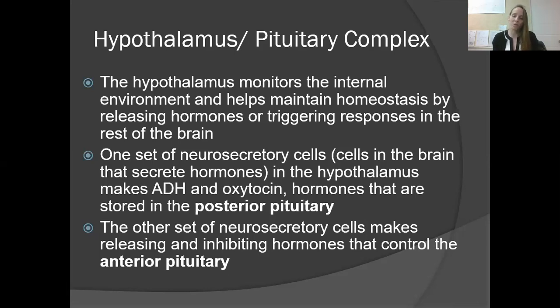And those two hormones that are made in the hypothalamus and then stored in the posterior pituitary are ADH, antidiuretic hormone, which we've already talked about, and oxytocin. And then there's another group of neurosecretory cells also in the hypothalamus that make the releasing hormones that would stimulate the lobes of the pituitary to release their hormones.